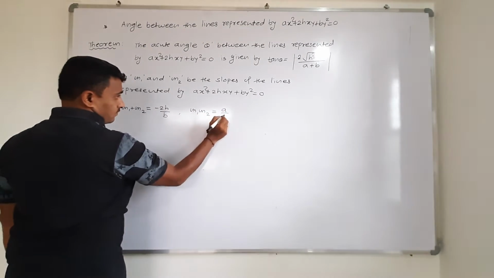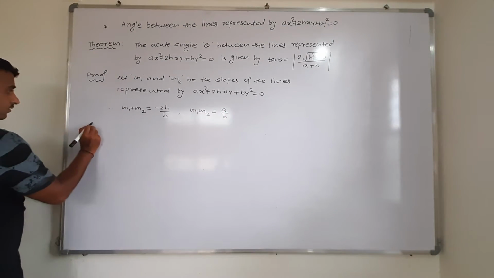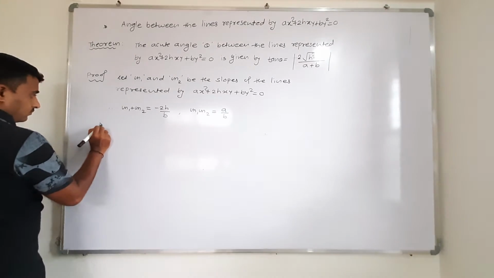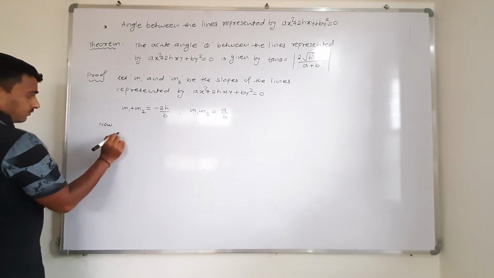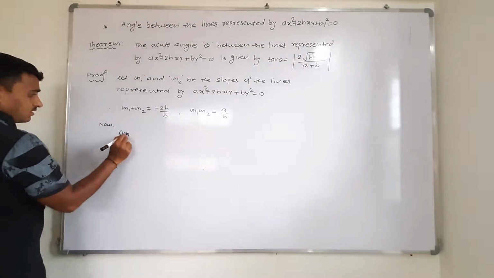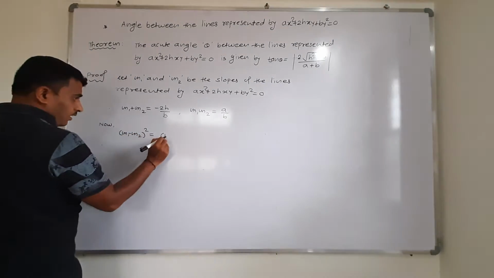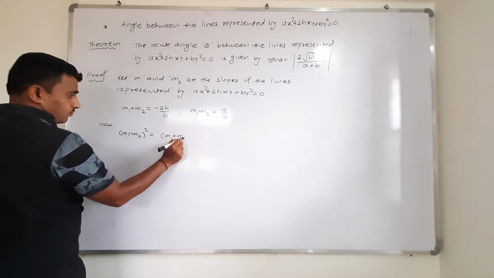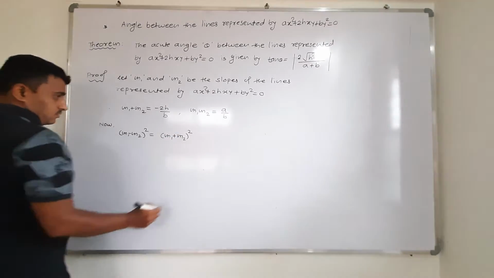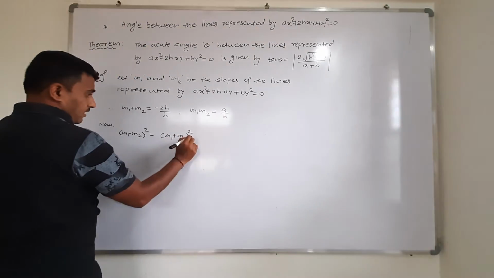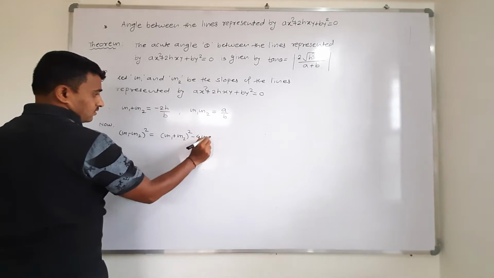We know this. Now we know that m1 minus m2 bracket square is equal to m1 plus m2 bracket square minus 4 times m1 m2. This is the relation.